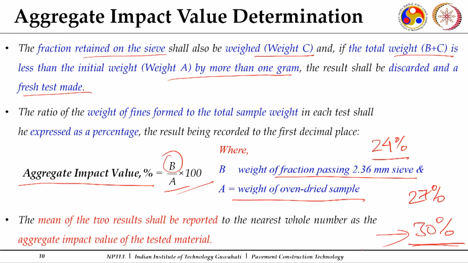As you come closer to the surfaces where the vehicles will actually ply, you require stronger aggregates compared to the lower layers, because the stresses get dispersed over a wider area and the stress intensity gets reduced at lower layers. So, at lower layers you can work with aggregates having higher impact values compared to what you will require in upper courses, where you may require aggregates with lower impact value.